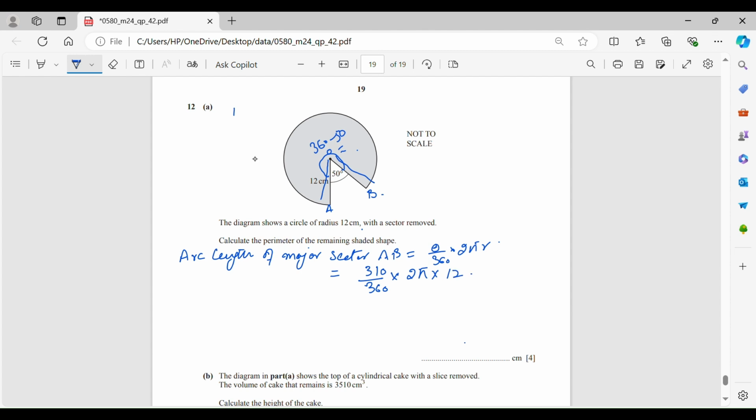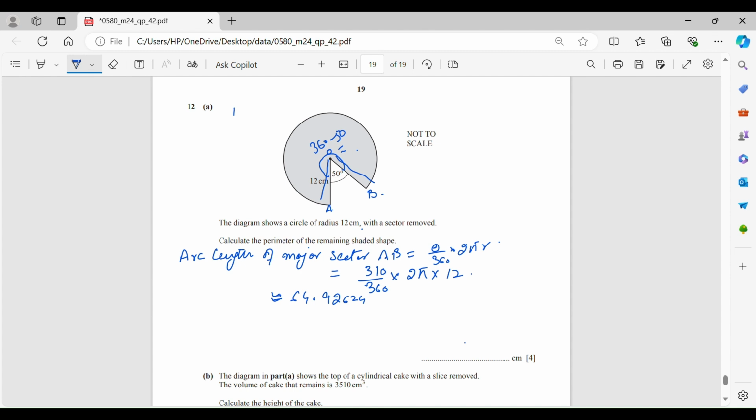So we will use the calculator for this and we will find it. This will be equal to 64.926, which is 64.92624, right? This is approximate.